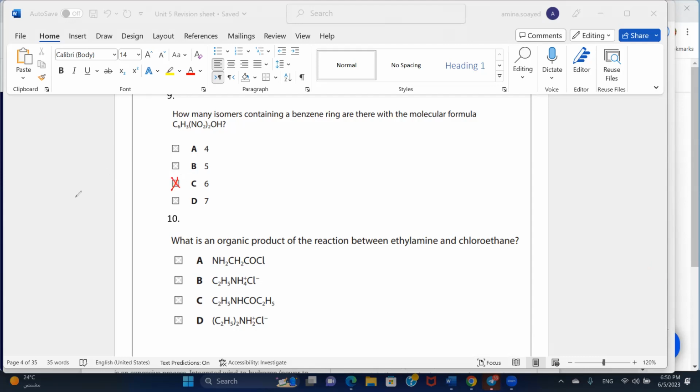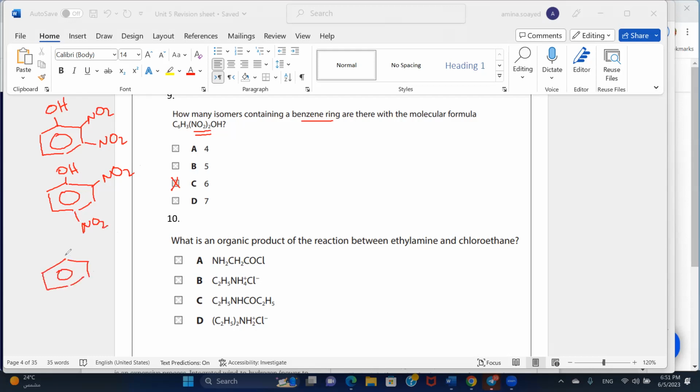Okay, it's C. It's C, Abdullah. Let's do it together. We have a benzene ring, and we have an OH, and we have two NO2. So both NO2 could be present beside each other, or with the OH, we keep one of the NO2 at its position and we change the position of the other.